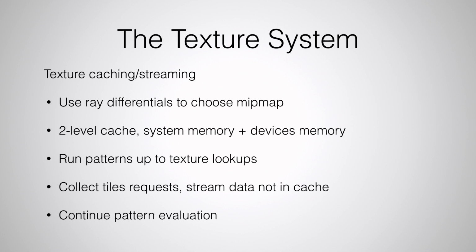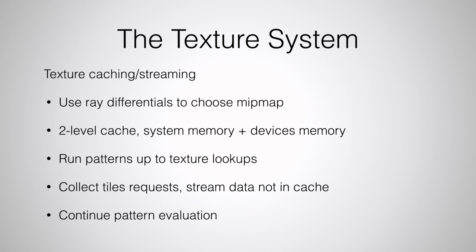We have a two-level cache because when you think about out-of-core data, when you're on a CPU, the out-of-core data is disk or network. But when you're on a GPU, typical out-of-core data is on a CPU. So here we have two hops to get to the data. And so we have a system memory texture cache and a per-device texture cache.